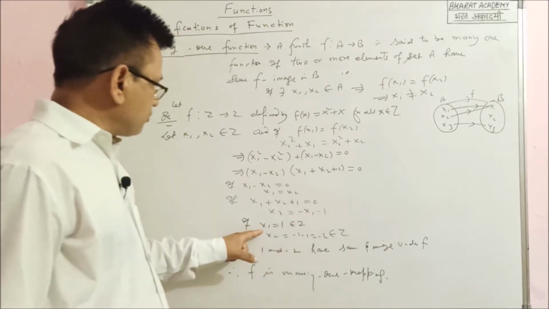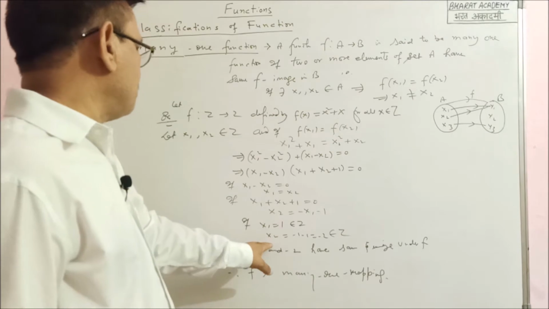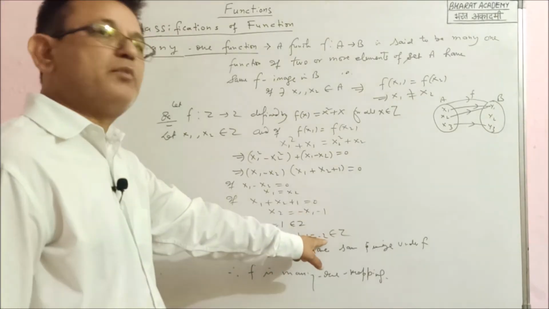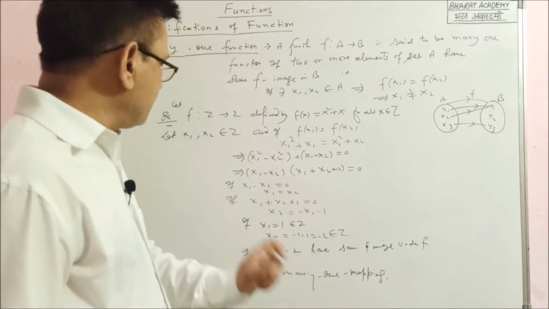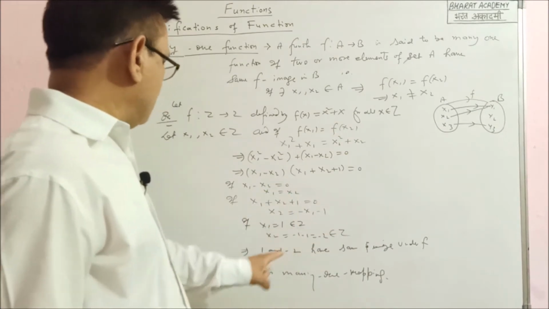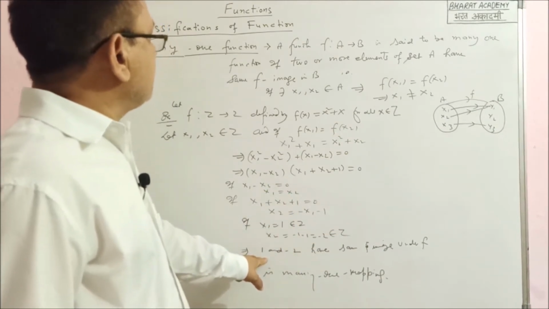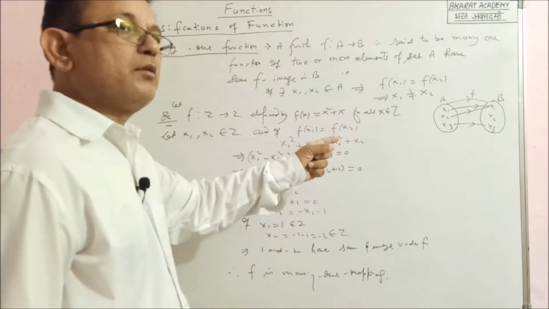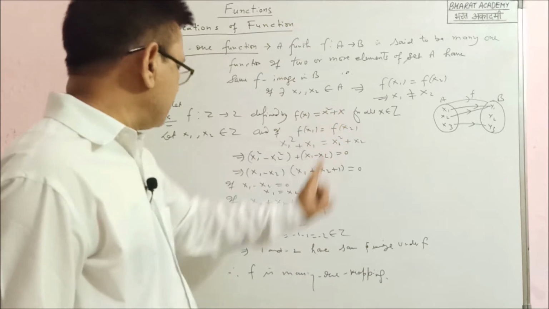So if x1 equal to 1, then x2 will be what? From this, minus 1 minus 1, this is minus 2. If you take two integers 1 and minus 2, f(1) will be 1 square plus 1, means 1 plus 1, this is 2.